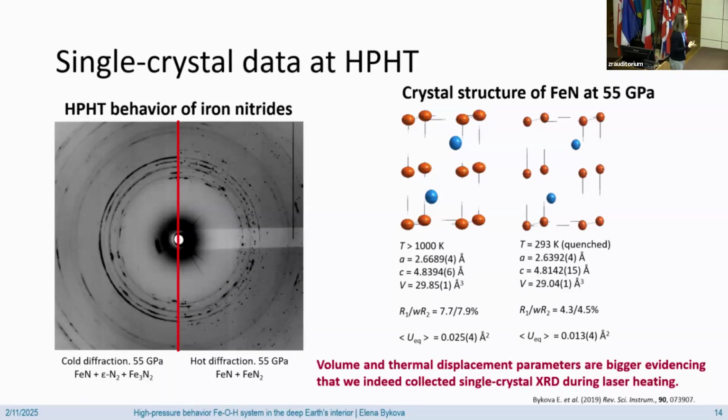So we could solve the structure both during the heating and after the heating, and got the same crystal structure. And we compare also unit cell parameters. We see that due to thermal expansion, our unit cell parameters are bigger. And also we can see the same for their thermal ellipsoids. So even from them, we can see the temperature effect.